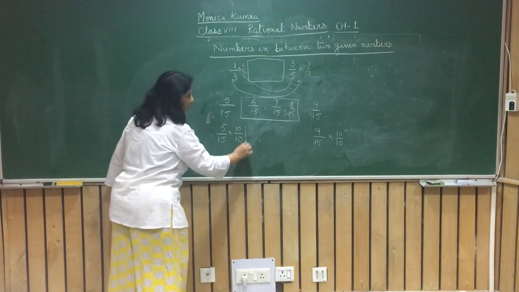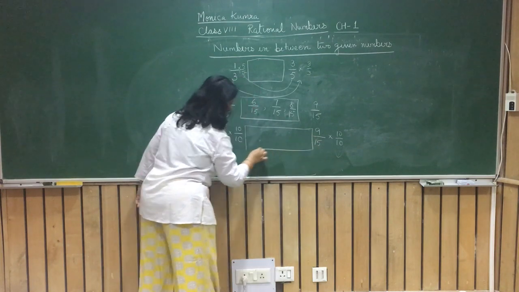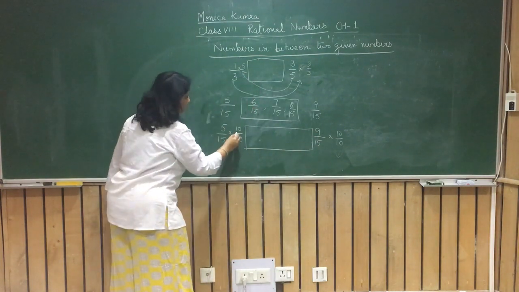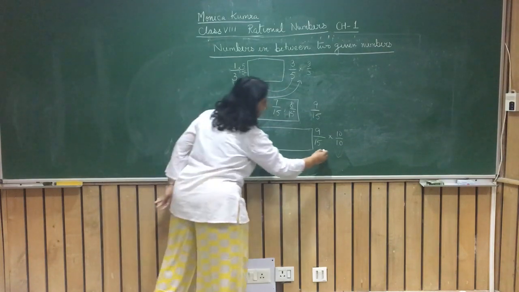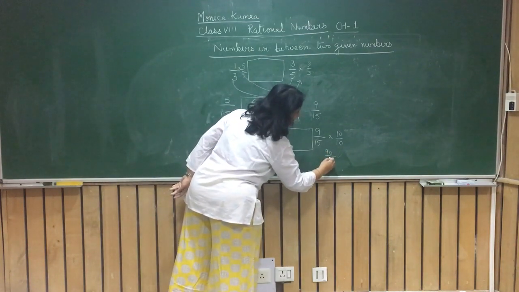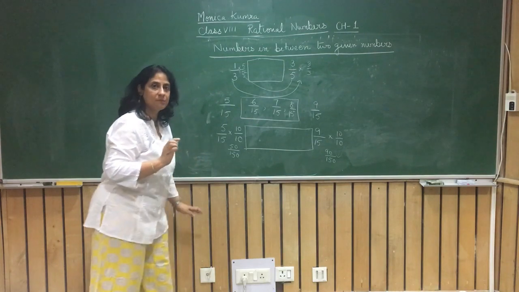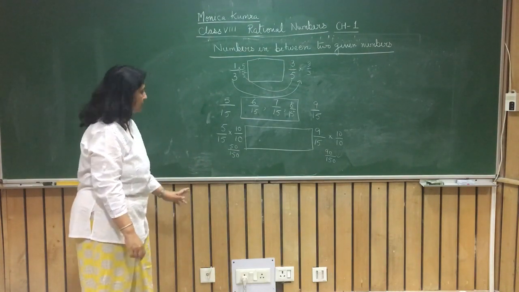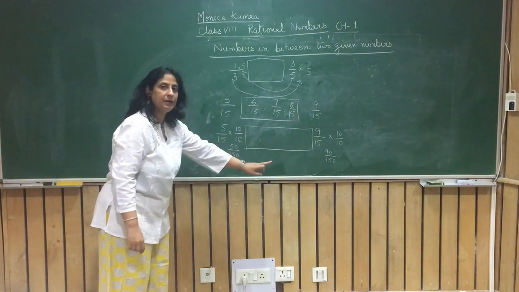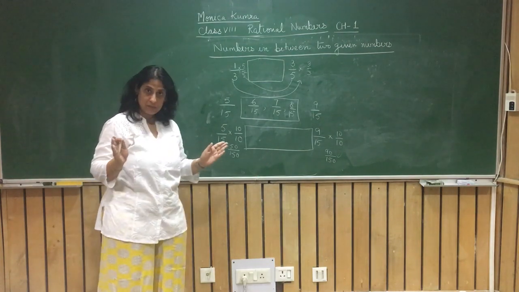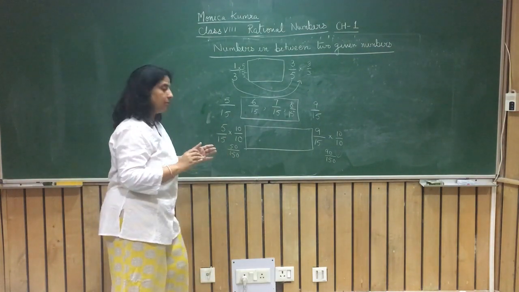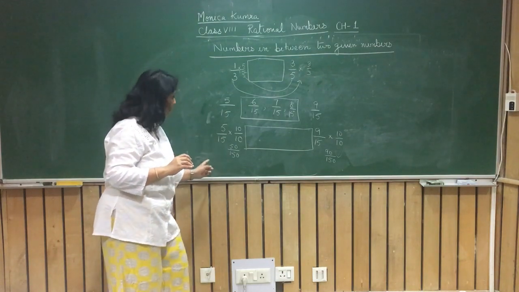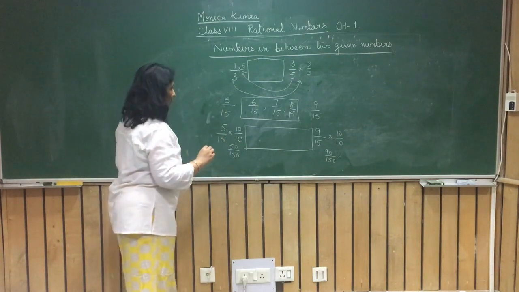So if I multiply this, the number becomes 50 upon 150 and here it becomes 90 upon 150. Is my denominator the same? Yes. So between 50 and 90, there are many numbers now. You can write even 10, 20, 30 numbers between 50 upon 150 and 90 upon 150.